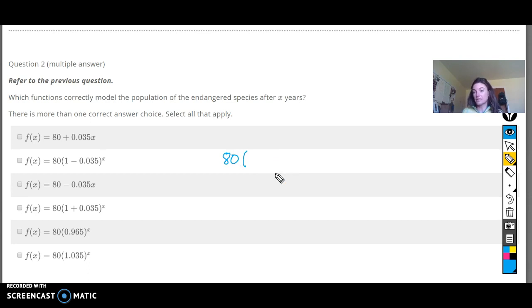But it's not staying the same. So we're going to say 80 times 1 minus 0.035, and that's happening every year, so our X is going to represent the number of years. So that's one way.